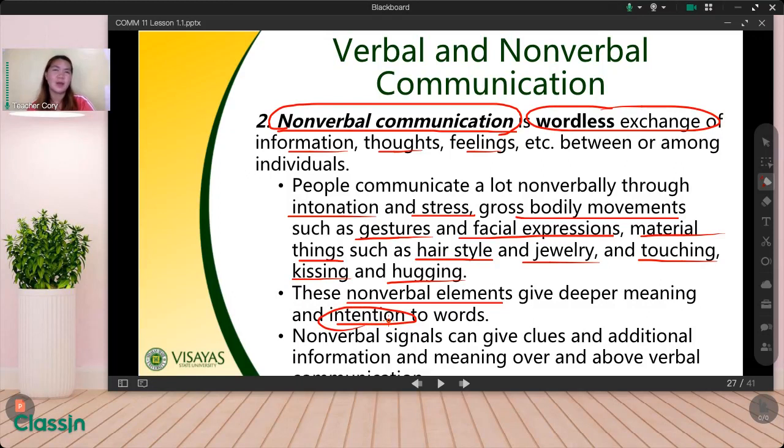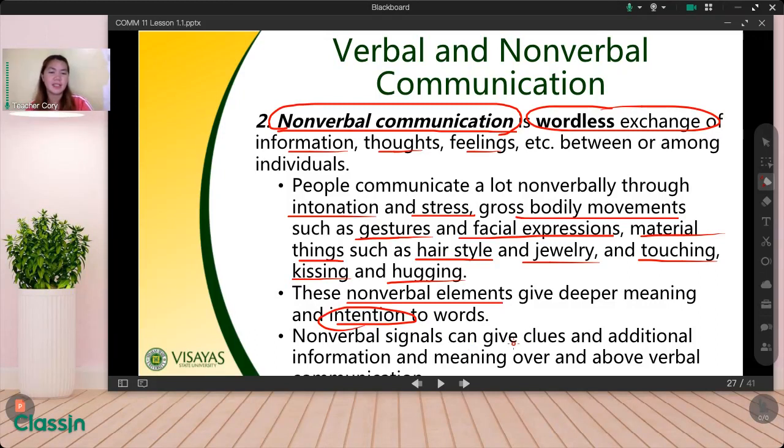That's why you have to look at the face of a person. Sometimes it's the eyes, because eyes can never lie. If a person is telling you that he or she loves you, then you have to look at other cues to see if that person is really telling the truth. Nonverbal signals can give clues and additional information and meaning over and above verbal communication, right?